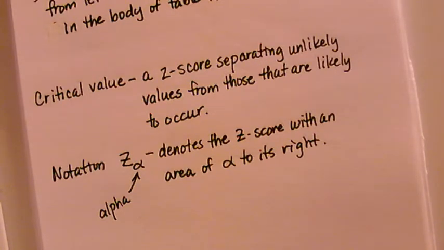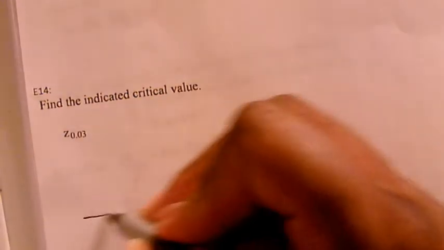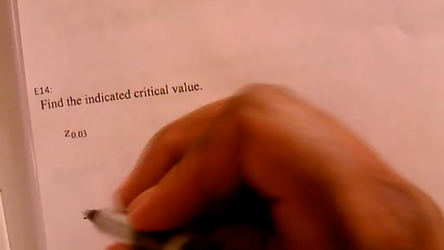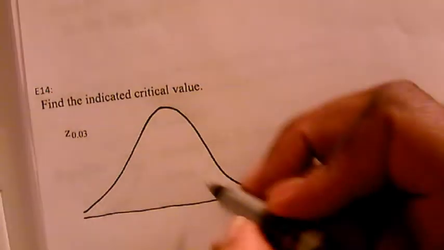Okay. So, in this last example for this video, we want to find the indicated critical value of Z sub 0.03. That 0.03 that you see there represents the area to the right of the Z value, to the right of the critical value.